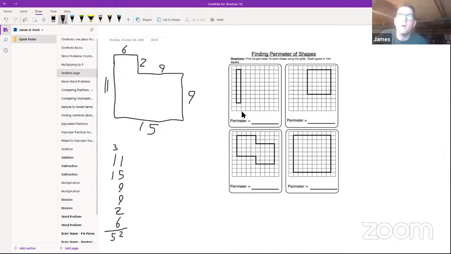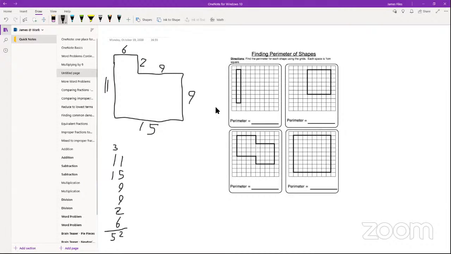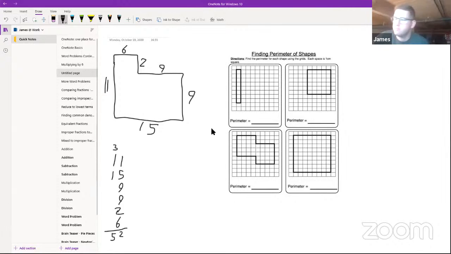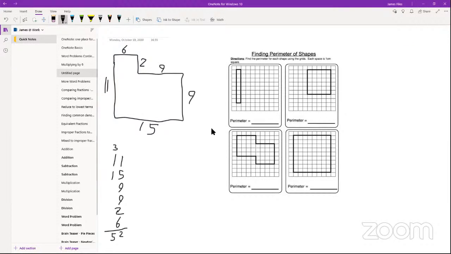So, Modi, can you walk us through this first one? Yep. Okay. How would you do this? So you see all those squares? Those squares are a helpful thing. So you see on the top, and you look at that square, and it's only 1.